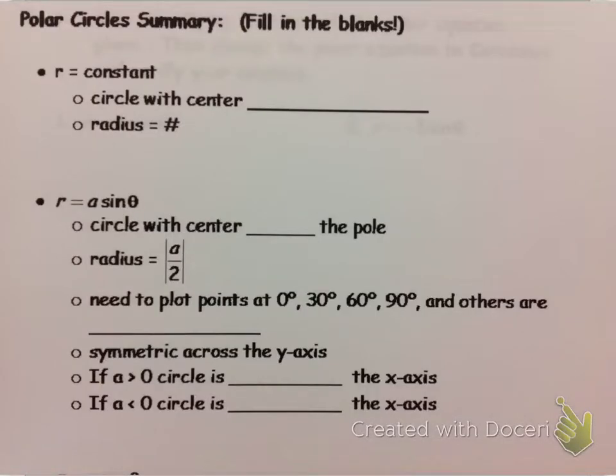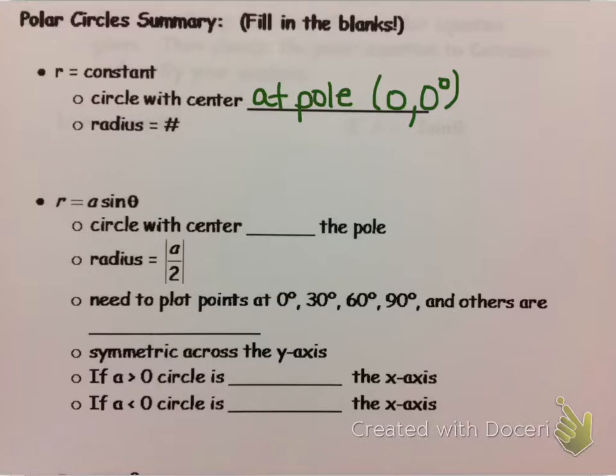So what we need to do is we need to come to some conclusions so that we don't have to do tables and graphs for all of these. So when we graphed r was equal to a constant, we had a circle with a center at the pole, which is 0, and then any angle, 0 degrees, 180 degrees, all puts you at the pole.